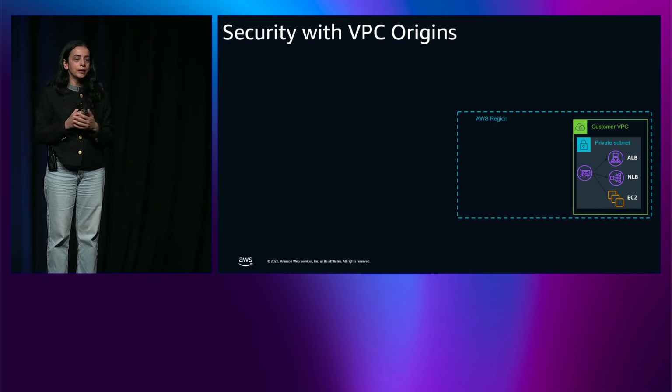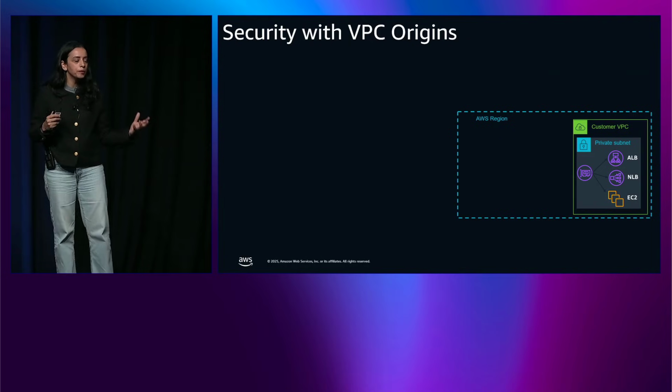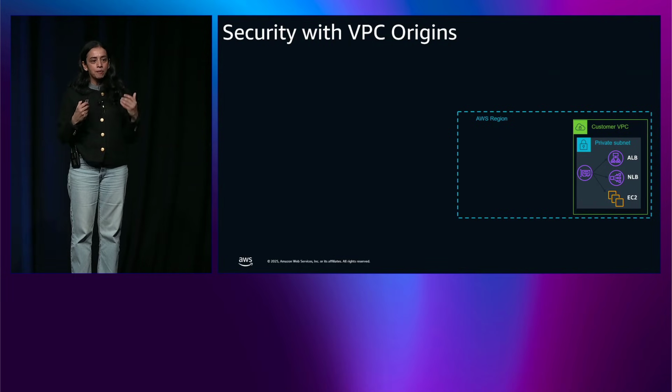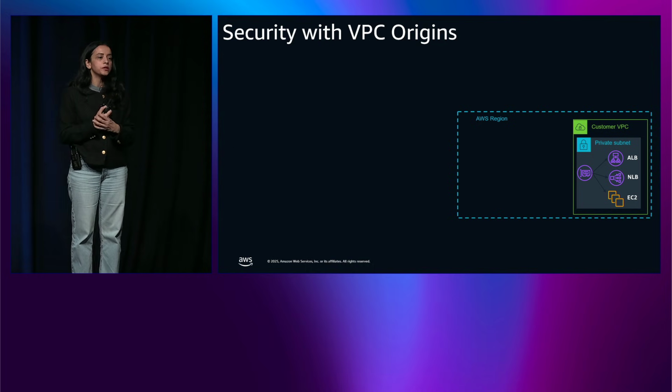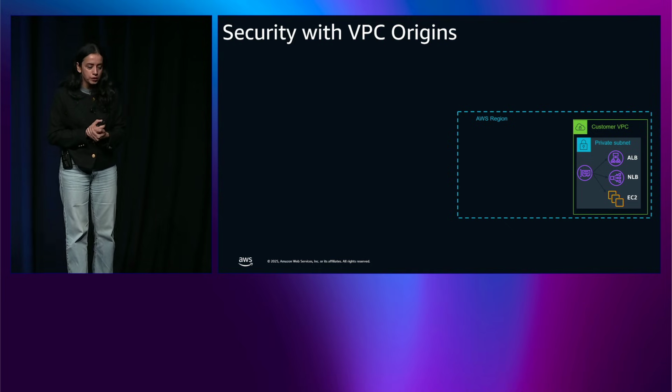Now, they want to make sure that this homepage is not exposed on the internet. It doesn't have a public IP, but at the same point of time, they want to make sure that this is fast and can reach the global customers of Secure Shop with as low latency as possible.